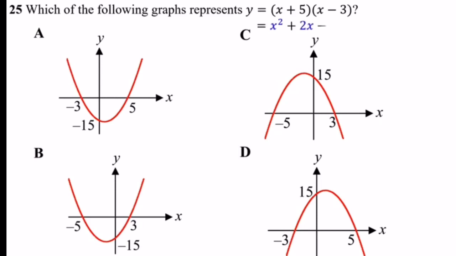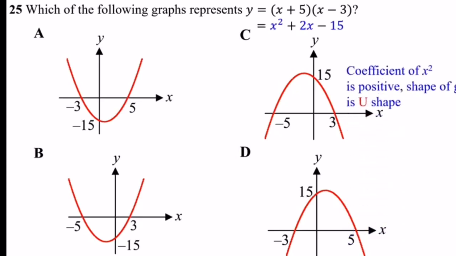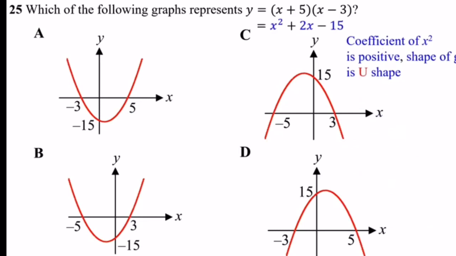Let's say you expand carefully, your y is x squared plus 2x minus 15, right? You look at the number beside the x squared, which is 1. So it's positive, so it's a U shape, a happy face.